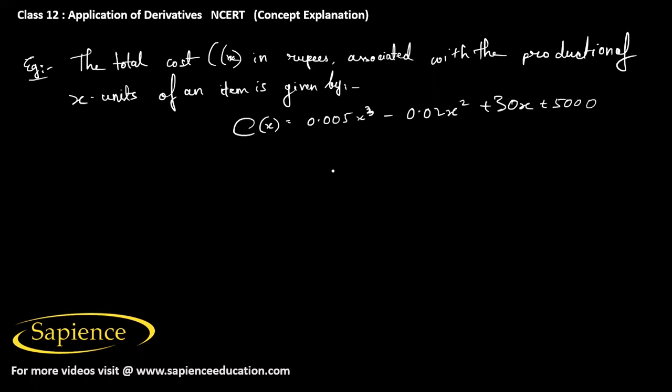Suppose this has been given. So C of x is the cost as a function of x, where x is the units of an item being produced.